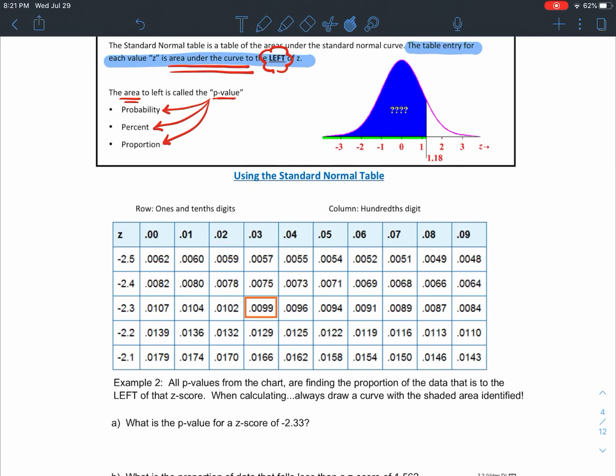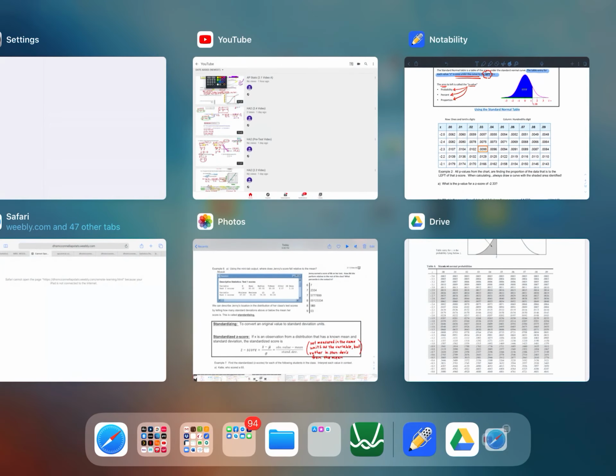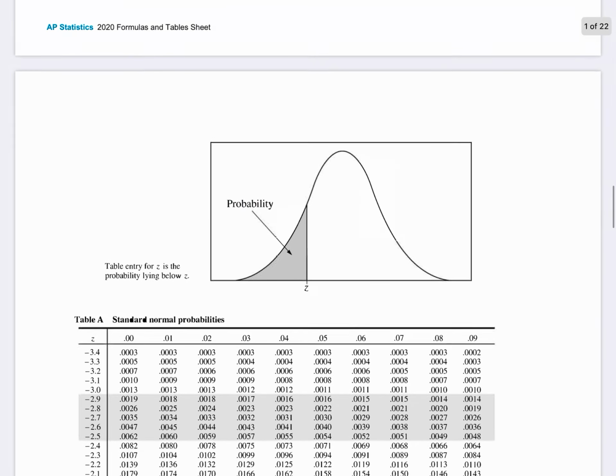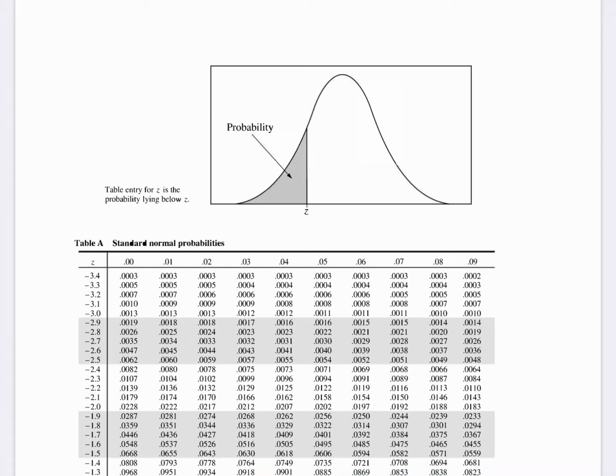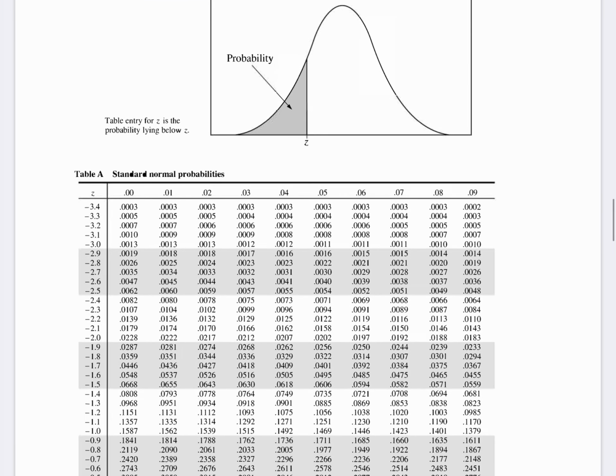Okay, so I just took a little snippet of this table A, the standard normal z-score table here, to help us with these problems. But I'm going to show you what it looks like in your formula sheet.